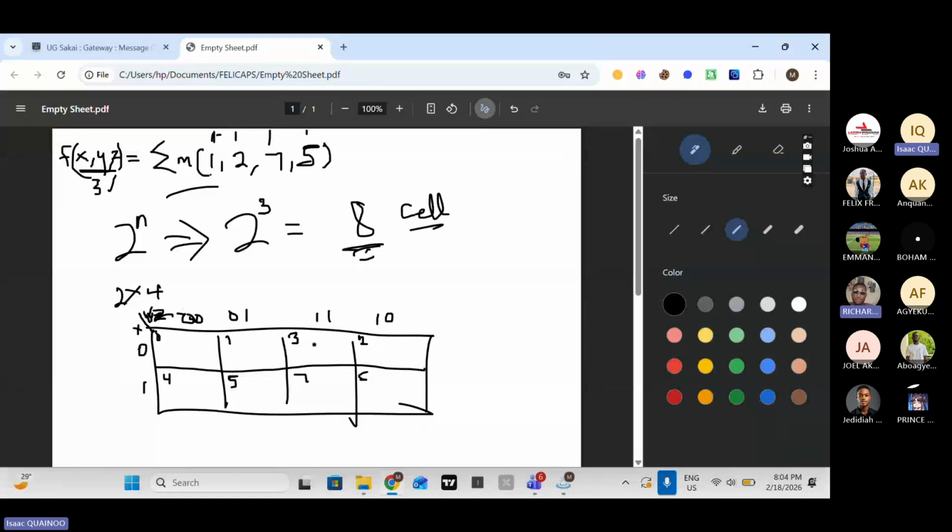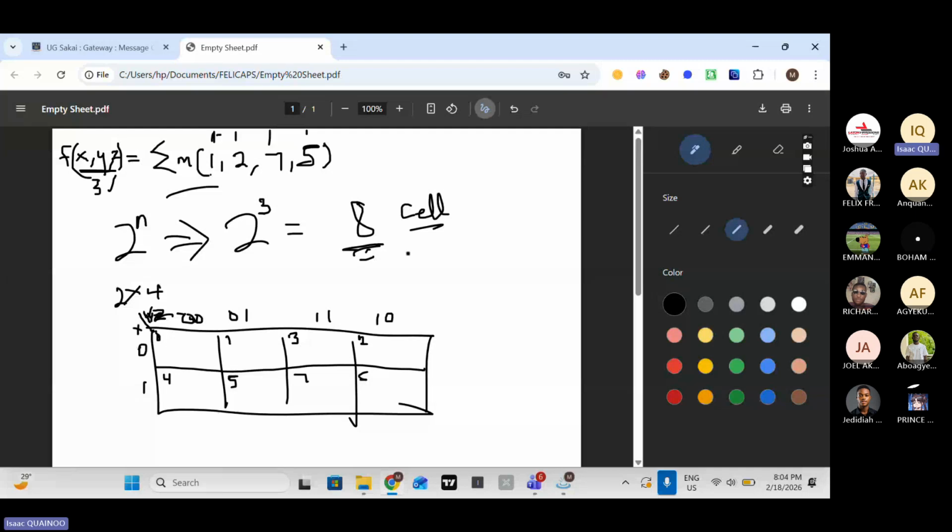Here, for instance, I can see 1, 2, 7, and 5, so the numbers are 4. But when you drew the K-map, you used 2 raised to the power 3 instead of 2 raised to the power 4. So I was a bit confused.